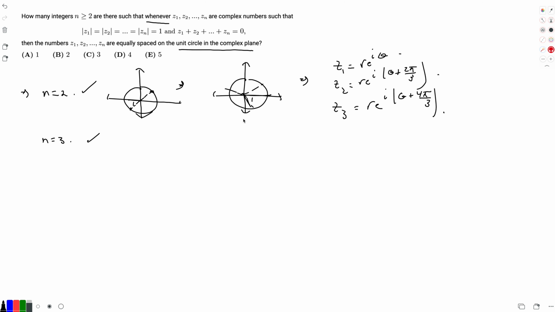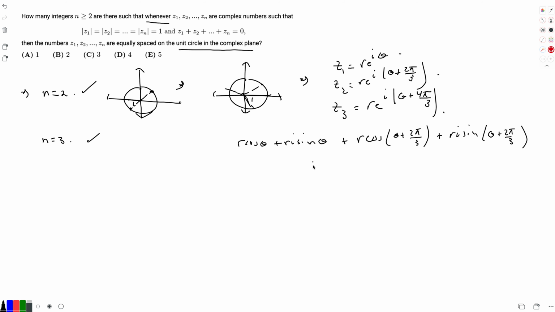So, well, there's really nothing better to do other than expand this. We get r cosine theta plus ri sine theta plus r cosine of theta plus 2 pi over 3 plus ri sine of theta plus 2 pi over 3.